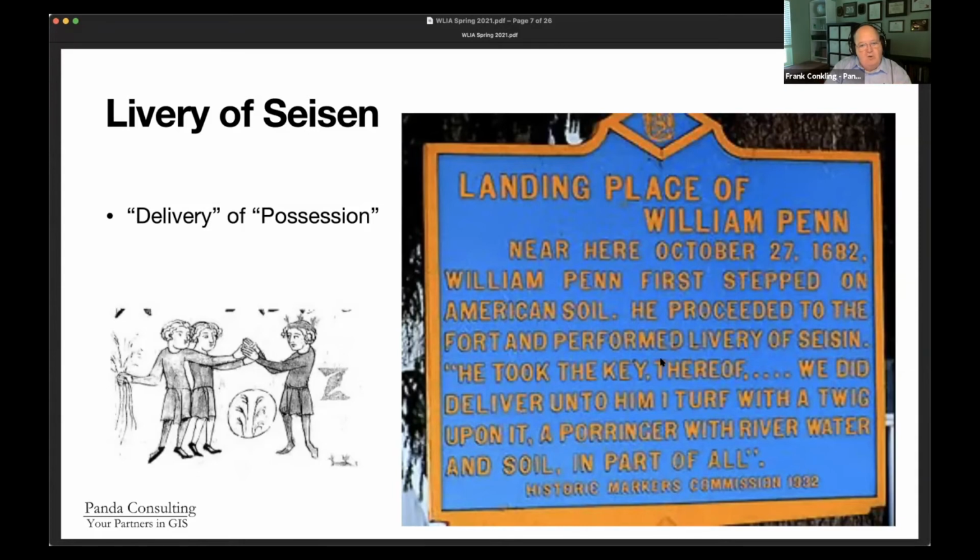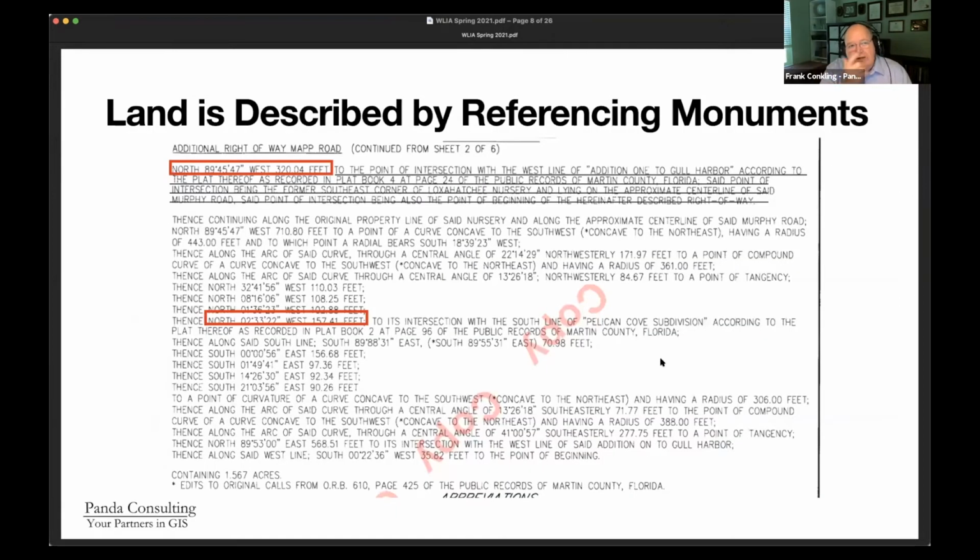This is where all of this starts, the livery of seisin and how it goes about. And once you understand that, you begin to understand that there's importance in the way property is described, and importance for certain elements of that description. Because again, land is described by referencing monuments.